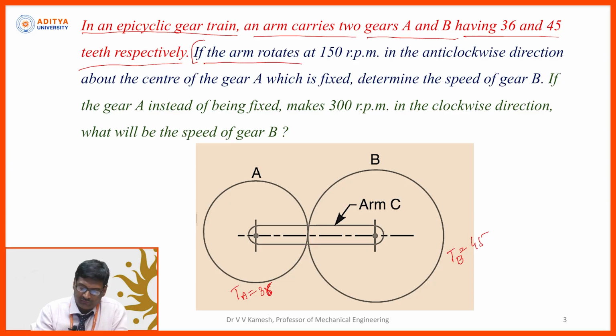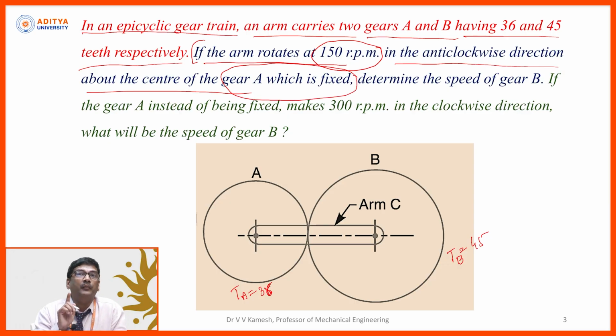If the arm rotates at 150 RPM in the anti-clockwise direction about the center of gear A, which is fixed, gear A is fixed, it is one condition, arm rotating at 150, second condition. Determine the speed of the gear B. Now I need to find the speed of the gear B, means simply I need to find NB.